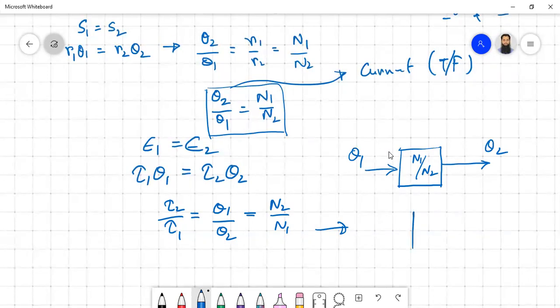So if you are interested to find out tau 2 from tau 1, then it will be n2 by n1. These are the two corresponding transfer functions for how the torques or the displacements are related.